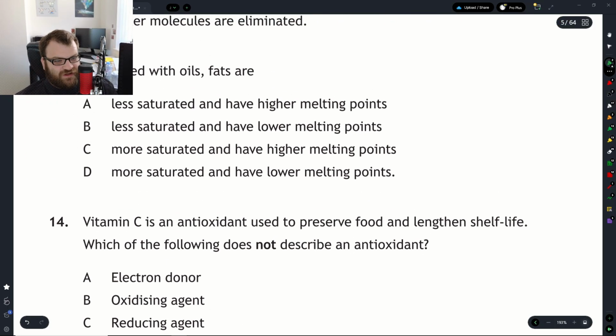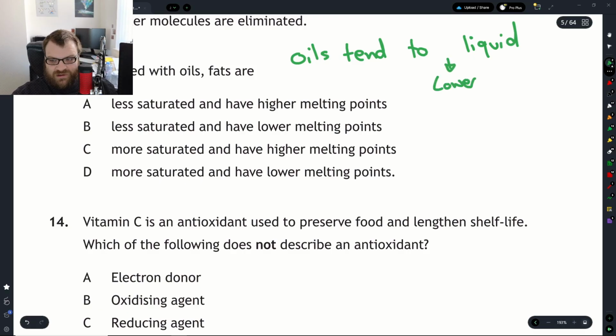When it comes to fats and oils, what I base this thought process off of is the fact that oils tend to be liquid. If it's going to be a liquid, this means that it's going to have a lower melting point.